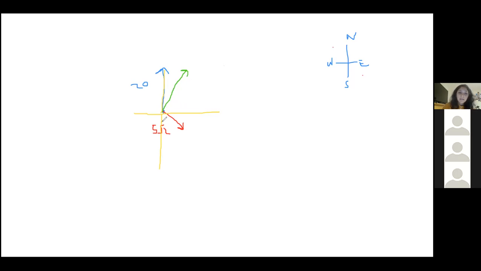I want to split this vector into its component form. It's going to have an x component, and it's also going to have a y component, like that. And then you can see how this would be the resultant of both of these vectors.